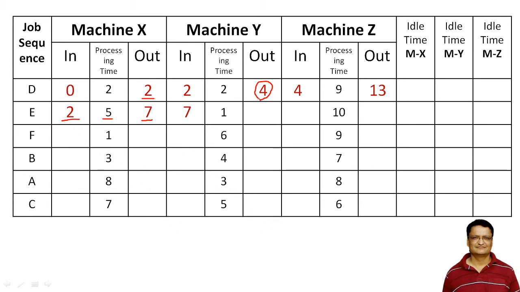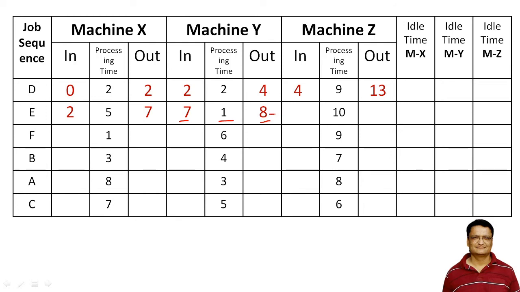So actually this machine is waiting for a job now, right? So now we can see that the machine was idle and it was waiting for the job. Okay, so 7 plus 1, and it will be out by 8.